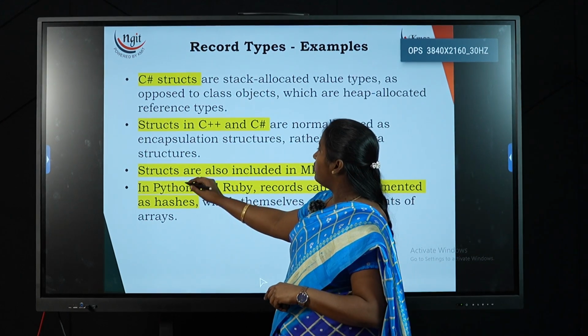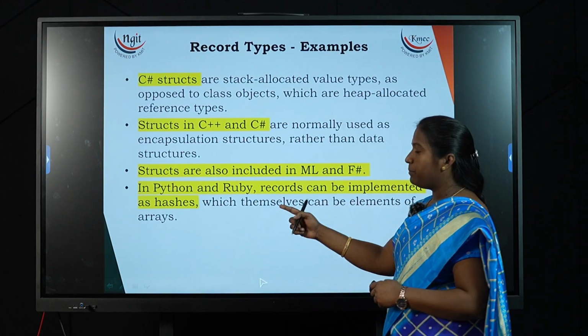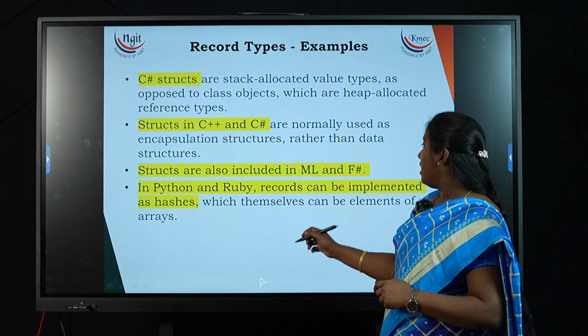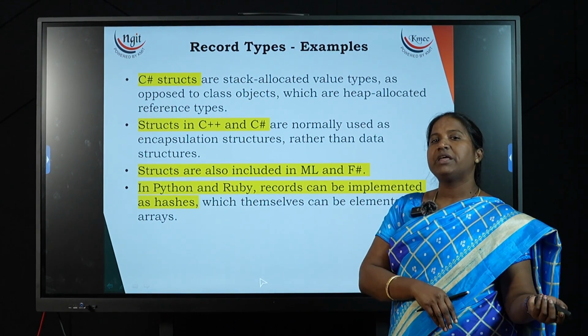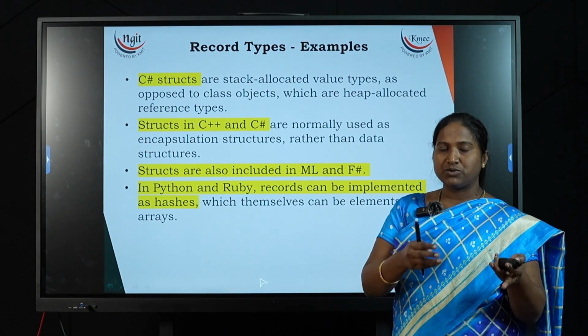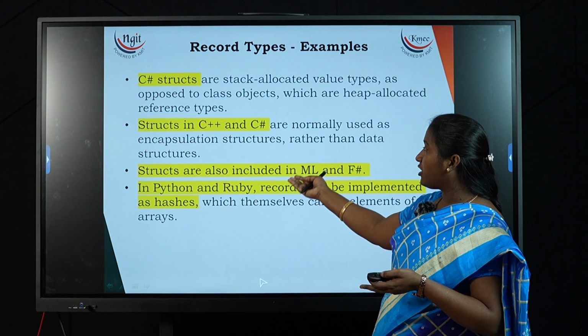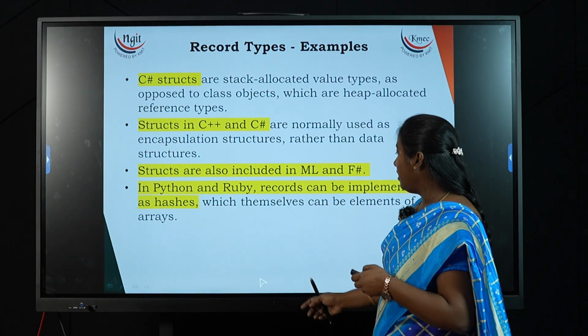In Python and Ruby, records can be implemented as hashes, which themselves can be elements of arrays. In the previous video we discussed associative arrays. That's what hashes are. So even a record is a form of hash in Python and Ruby.